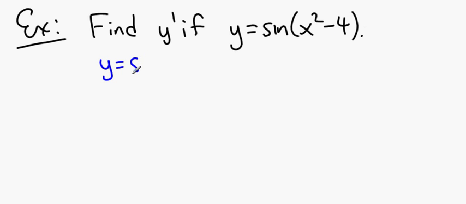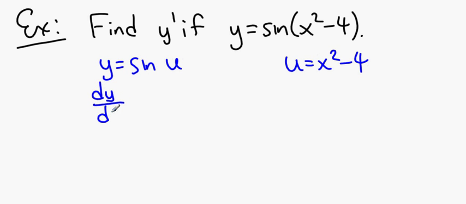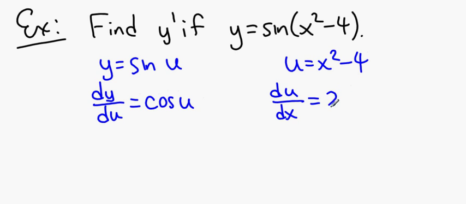We have the sine of something where that something is differentiable. So when I want the derivative of y with respect to u, well, that's just cosine u. The derivative of the sine function is the cosine function. And then the derivative of u with respect to x, well, that's power rule. Got it.